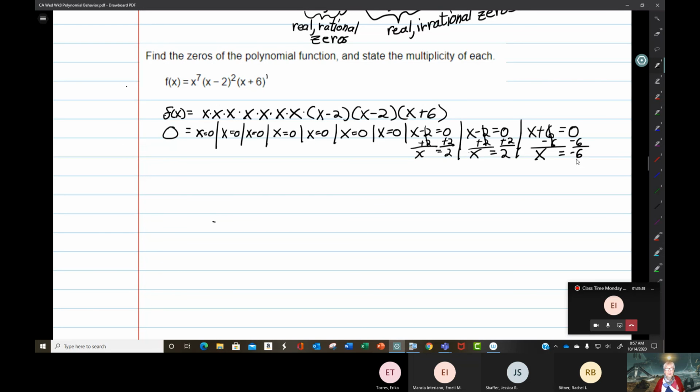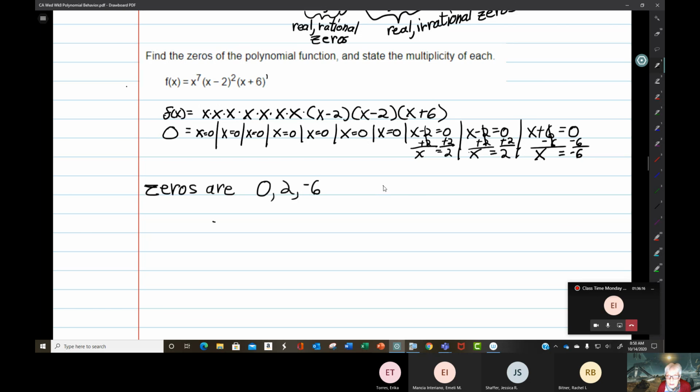Oh my goodness. There are 3 individual zeros to this problem. The zeros are, I better write that. The zeros are the number 0, the number 2, and the number negative 6. Again, you don't have to write them in order, although it would be really easy to do that.